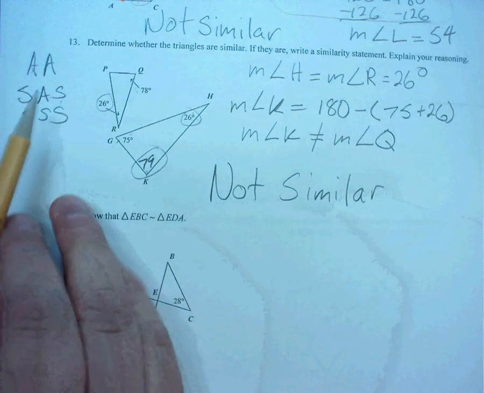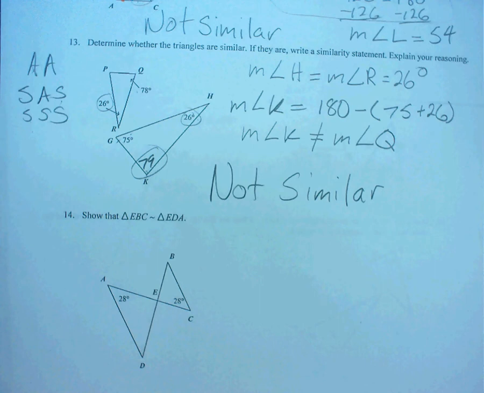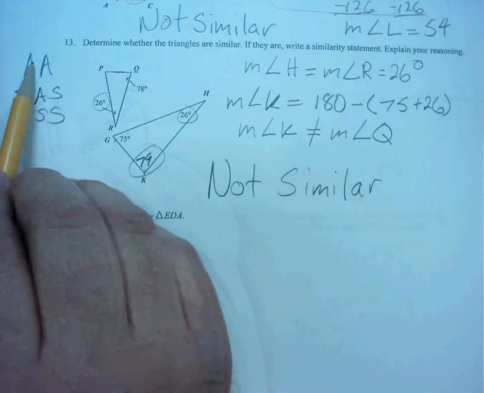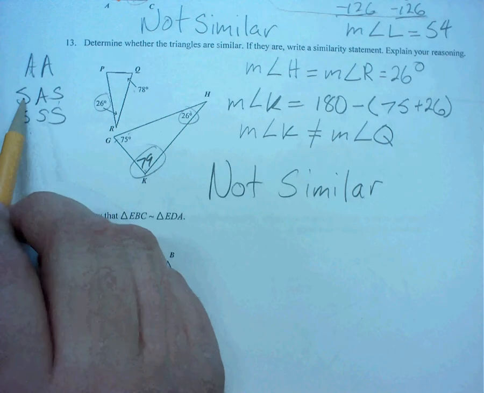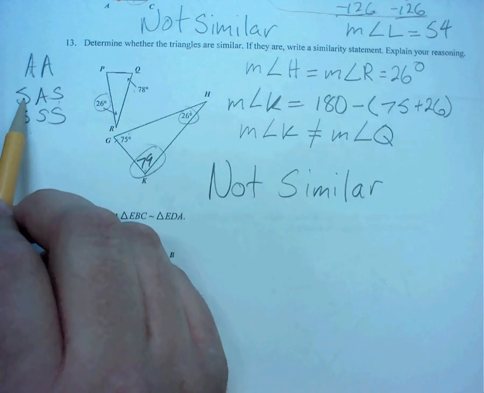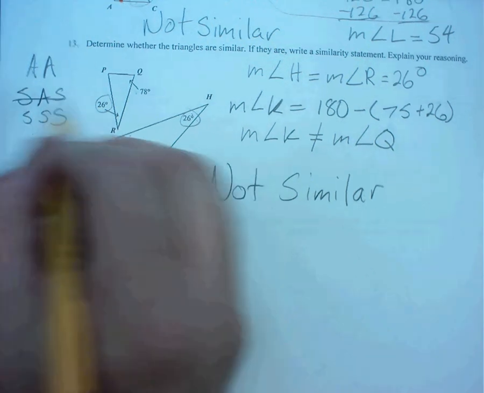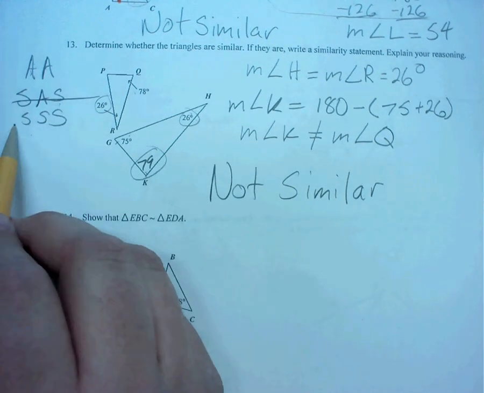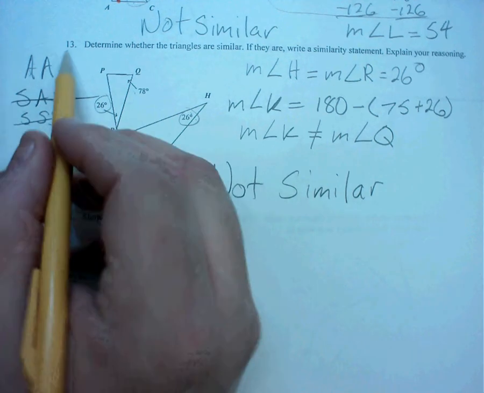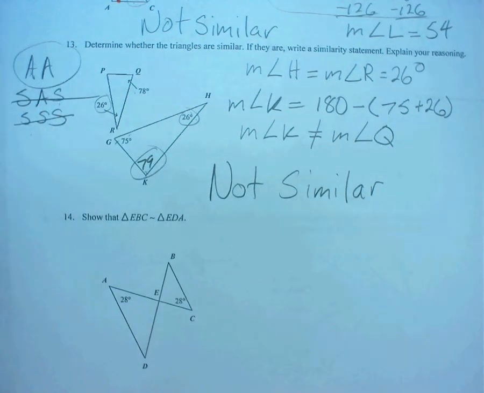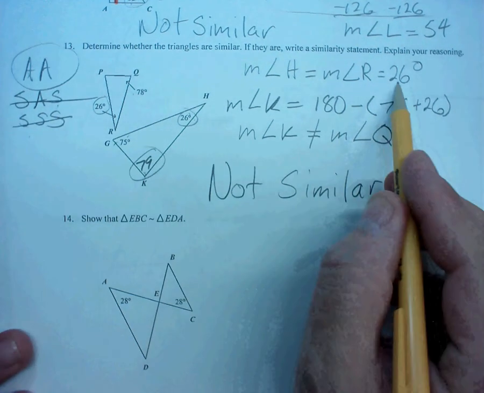Now, I don't have any information on the sides, so I can't determine if they're proportional or not. In other words, what I thought in my head is, do I have any information on the sides? No. Can I get any information on the sides by doing some fancy math tricks? No. Can't use that. The only one I have left to prove similarity is angles. Do I know angles? Yeah. This is a congruent angle.